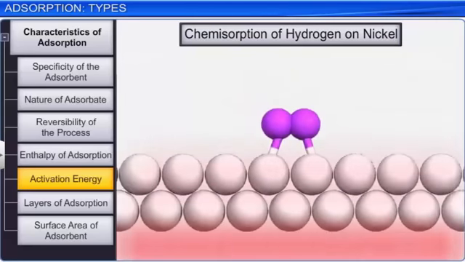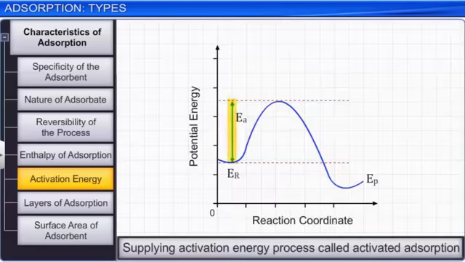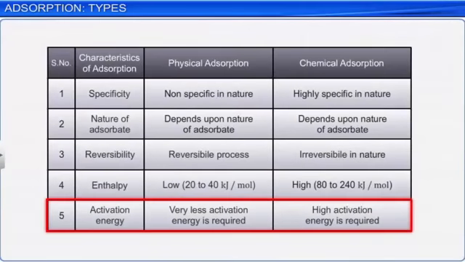In other words, an increase in the temperature supplies the necessary activation energy for the formation of surface compounds, and the process is called activated adsorption. We can therefore conclude that physical adsorption requires no appreciable activation energy, while chemical adsorption requires high activation energy.